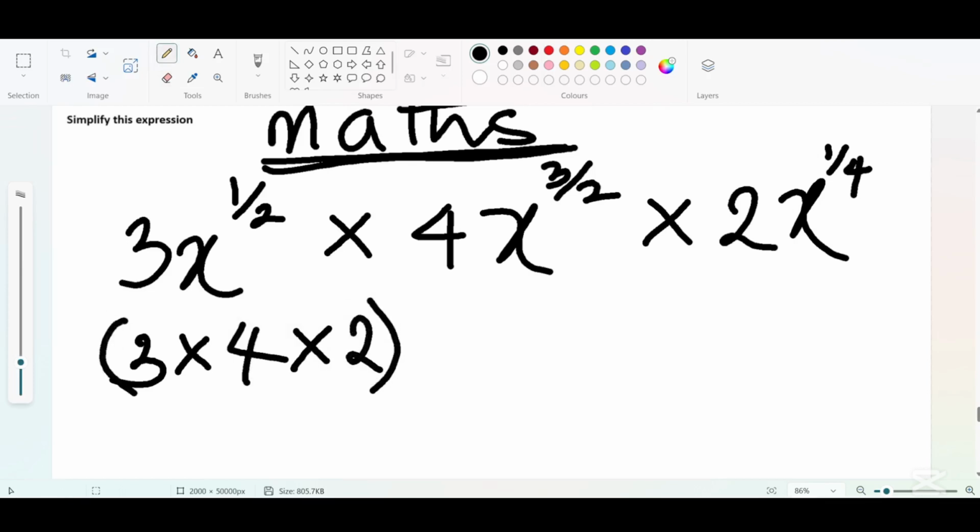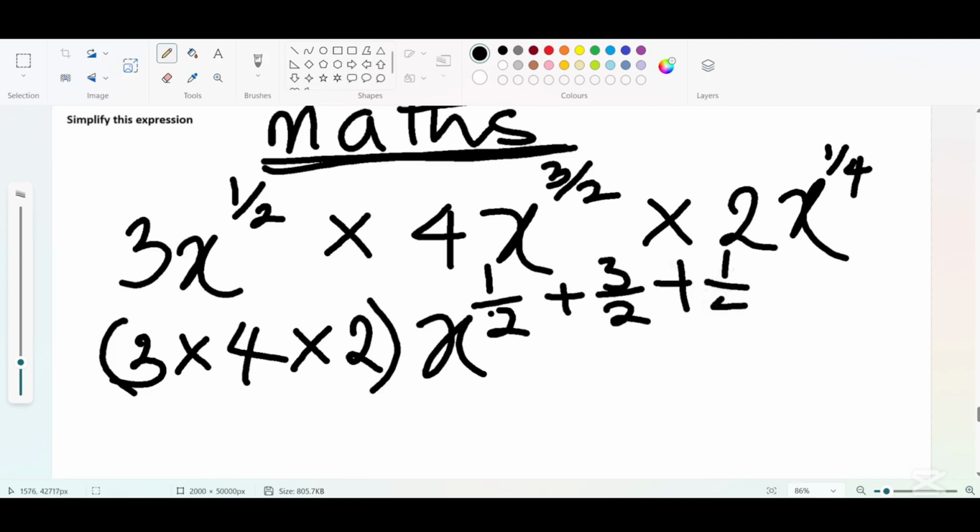This is the multiplication of the coefficients, while the power is going to be added. So we take one of the bases, which is x, then we add the powers: 1 all over 2 plus 3 all over 2 plus 1 all over 4.